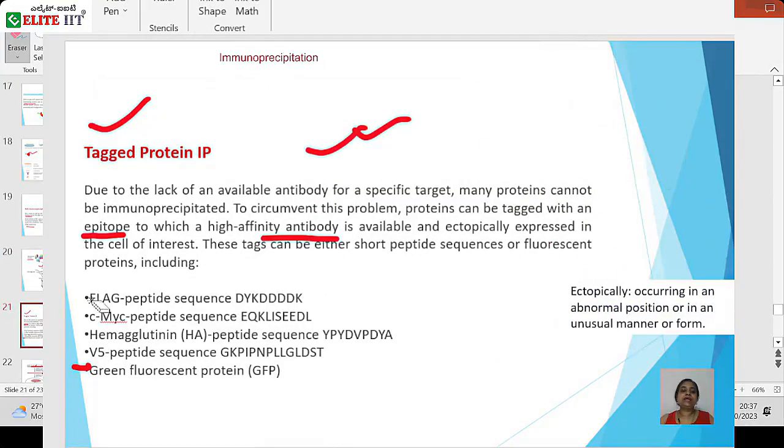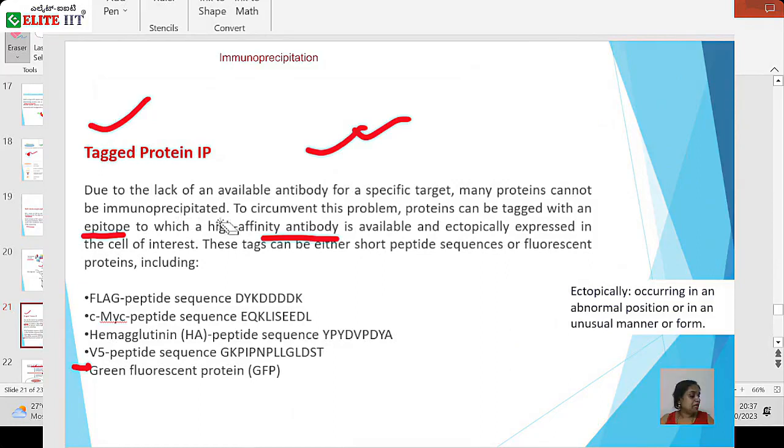Now another final method is the tagged protein IP. Tagged protein IP means if you don't have any antibody against your antigen of interest, you can use this method. Due to the lack of an available antibody or a specific target, many proteins cannot be immunoprecipitated.